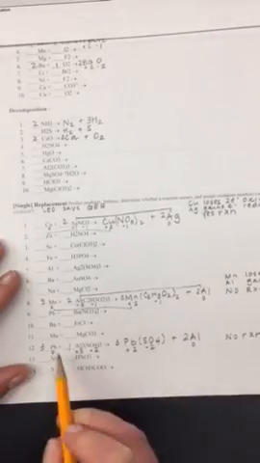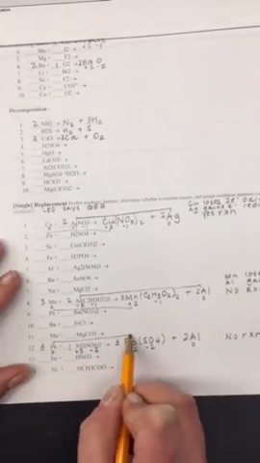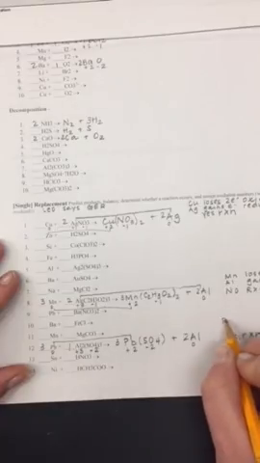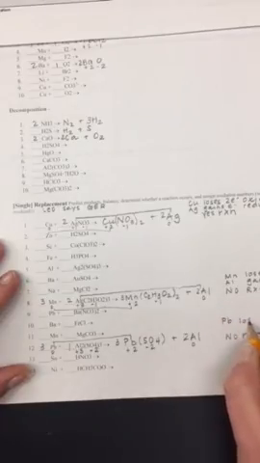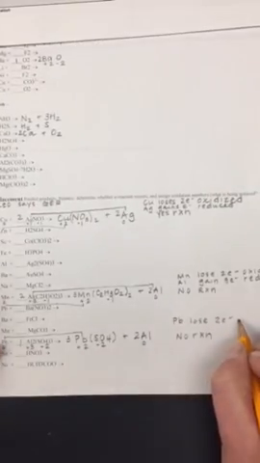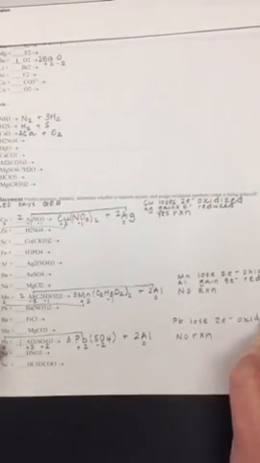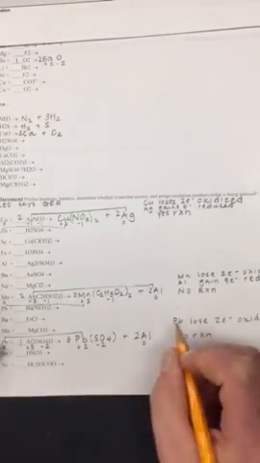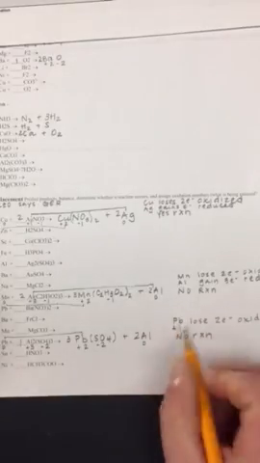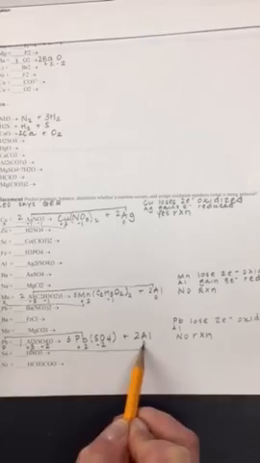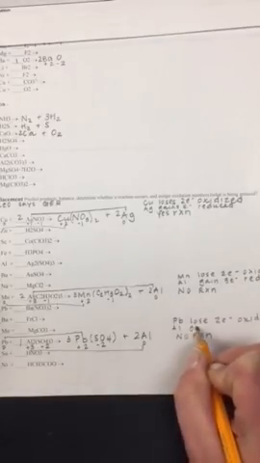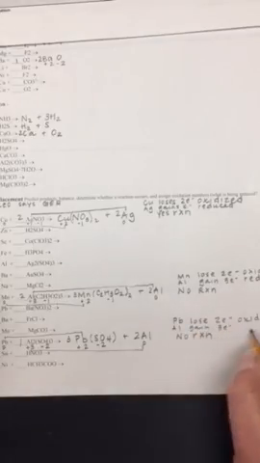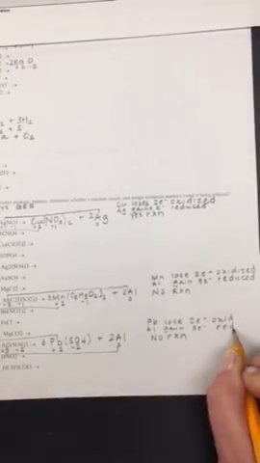So lead goes from 0 to +2, so it is losing 2 electrons, which means it is oxidized. And aluminum goes from +3 to 0, so it gains 3 electrons, which means it's reduced. And in this case, sulfate is our spectator ion.